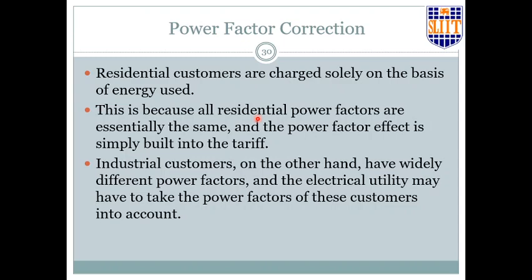They charge based on an active power formula, based on the active power used. They know there is a certain amount of reactive power they need to provide, but the billing formula only depends on the active power. But when it comes to industry, it is not the case.